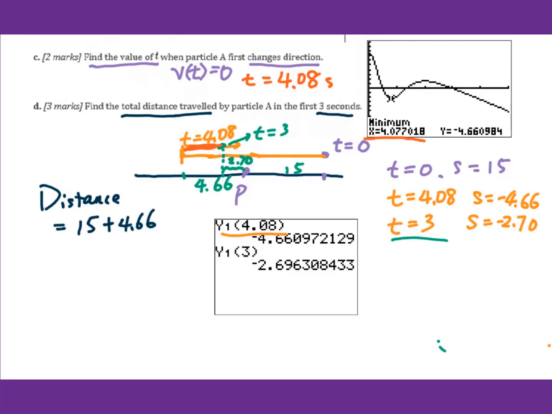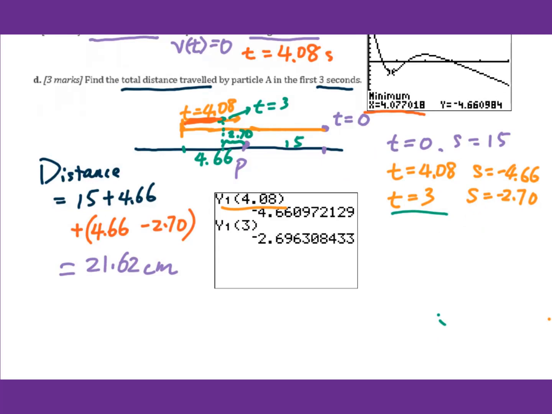This distance is 4.66 minus 2.70. Now we add together. The answer will be 21.62 centimeters. You just need to know that when you're working with displacement, it means the distance from the origin.